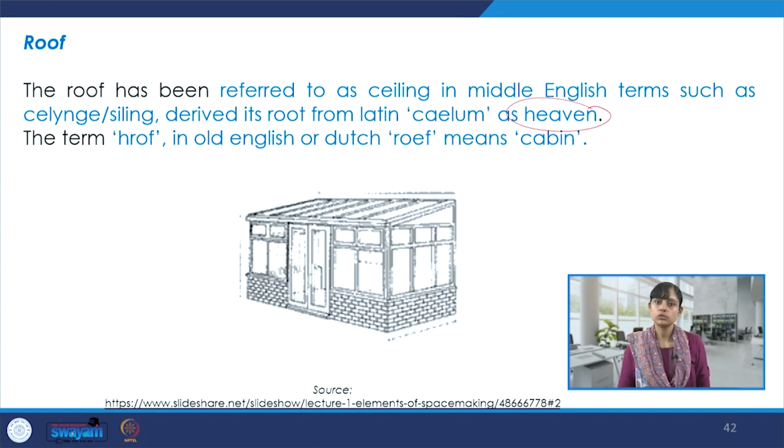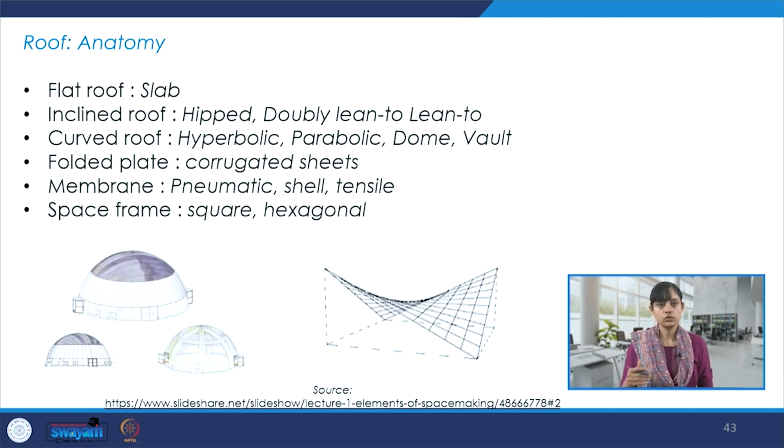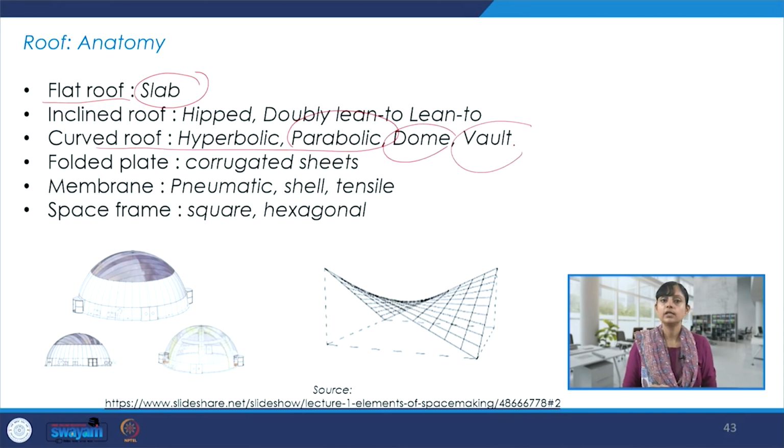And there is also an English and Dutch term for this, where they refer to it as cabin. Roof also has different kinds of anatomical forms. It could be a flat roof like a slab, or an inclined roof, curved roof like a parabolic one, or dome or vault. It could be a folded plate roof like corrugated sheets.